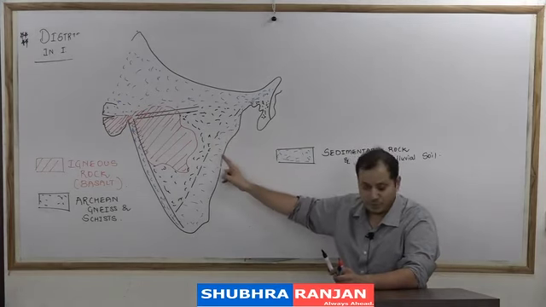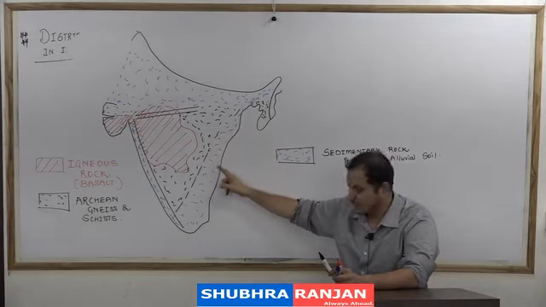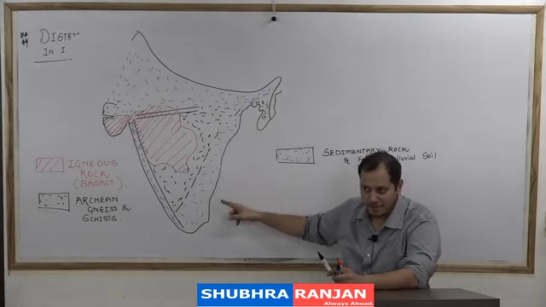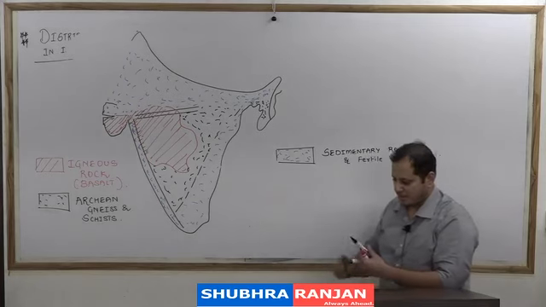Sea waves have broken the rock and therefore here also we have alluvial soil. We will call this area the coastal plains of India. That is the peninsular plateau.